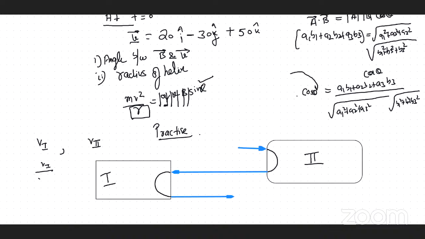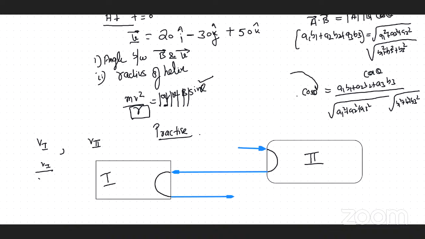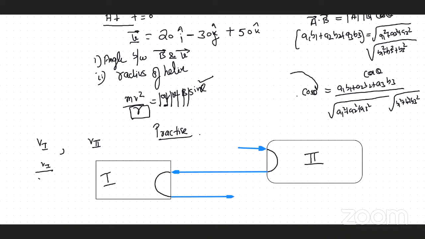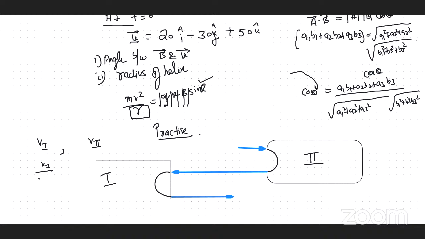And one more quantity I can write is momentum. Momentum is a product of mass and velocity. So you know momentum is directly proportional to radius, which means the bigger your momentum, the bigger the radius.